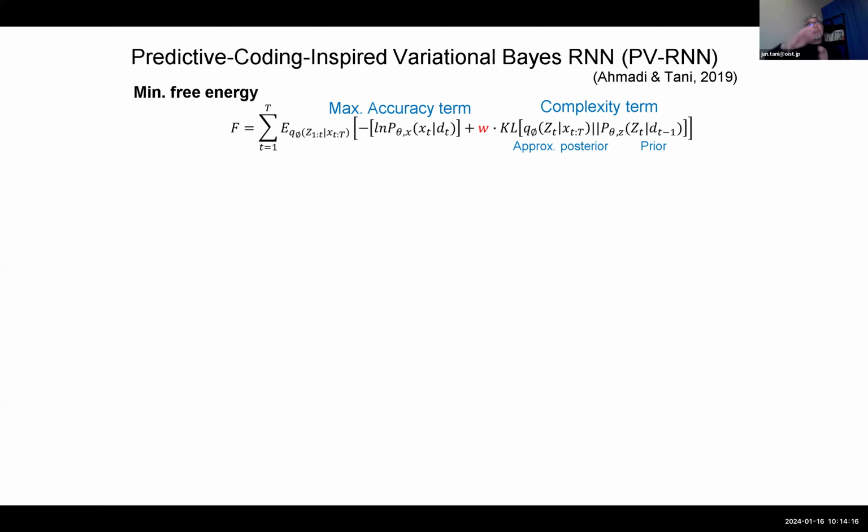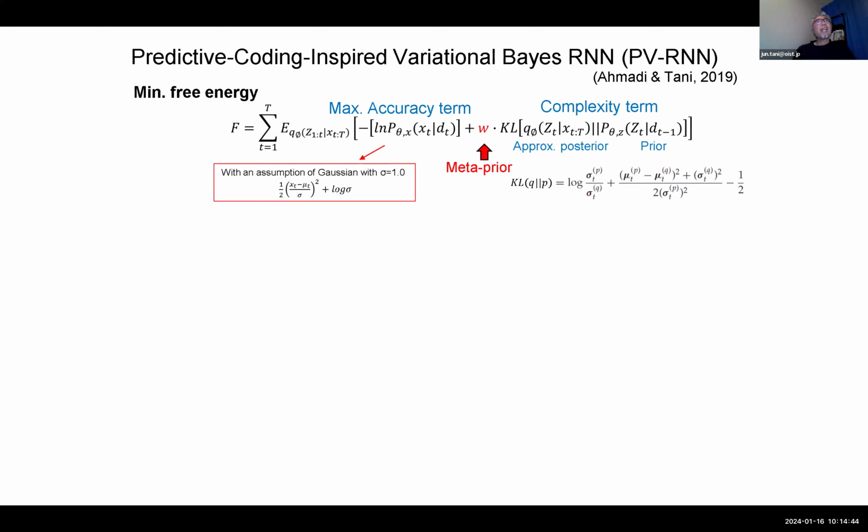We want to minimize the conflict between these two. The accuracy term is the output error part. We want to minimize both of them. In our case, we put a parameter we call the meta-prior W, and the regularization for the complexity term is weighted by this meta-prior W. I will explain this later in more detail.